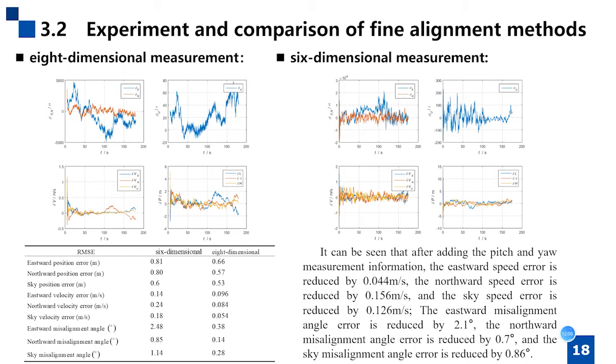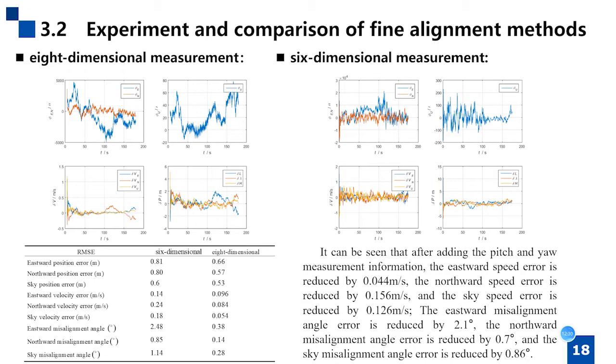The second subfigure shows the sky misalignment angle. The third subfigure shows the speed errors. The last subfigure shows the position errors. It gives the details about the fine alignment error in the form of RMSE.